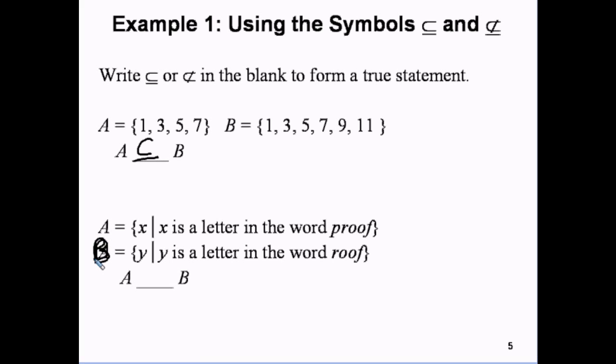Okay, so A, X is a letter in the word proof, and B, Y is a letter in the word roof. Is A a subset of B? A is the bigger one. So A is not a subset of B. But is B a subset of A? Yeah. So A is not a subset of B, but B is a subset of A.